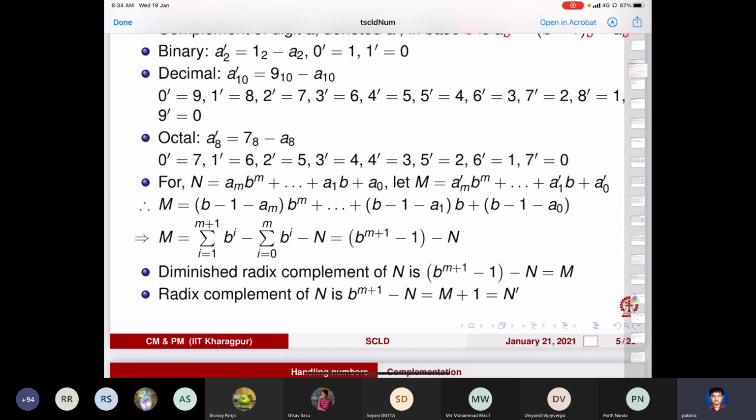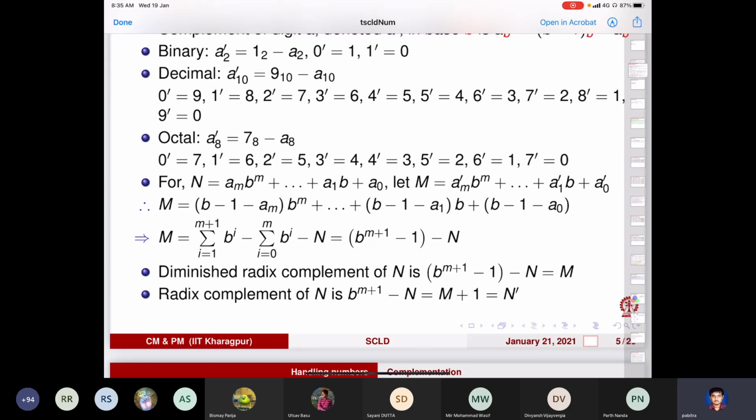And by definition, what is a prime m? It's just b minus 1 minus a_m. Take the highest digit and subtract. So if you substitute the values for a prime m, you would get (b minus 1 minus a_m) times b to the power m, up to (b minus 1 minus a_1) times b, plus (b minus 1 minus a_0). So this you would get.